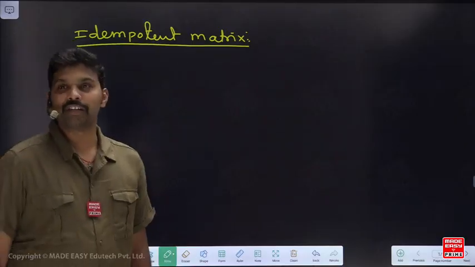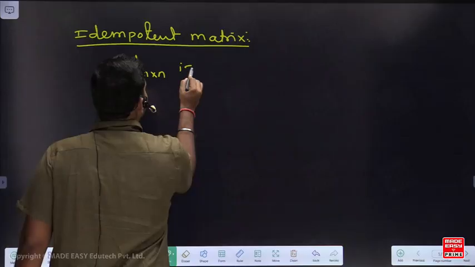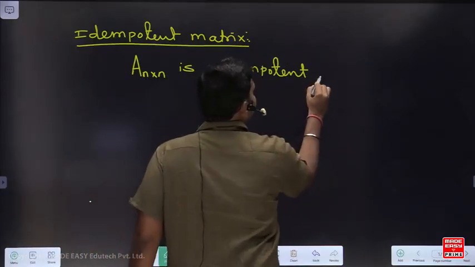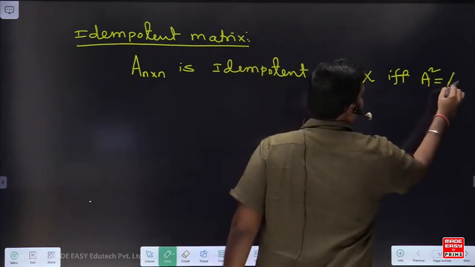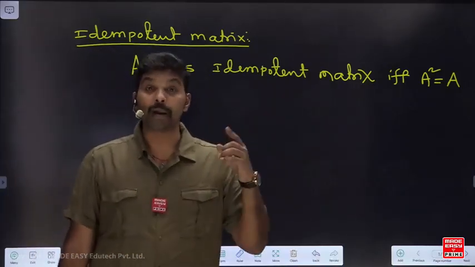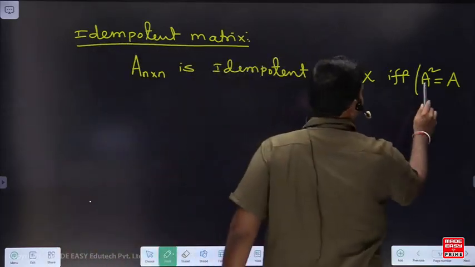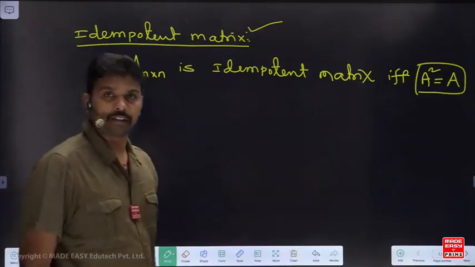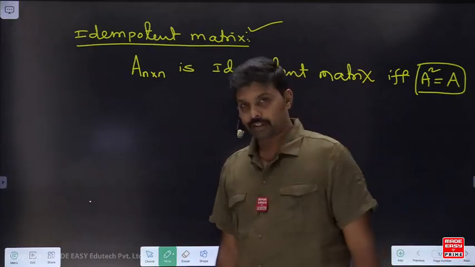A of order n by n is an idempotent matrix if and only if A square is equal to A. That means if any matrix is multiplied by itself and you get the same matrix, then you say that matrix is an idempotent matrix. So this is the definition of an idempotent matrix.